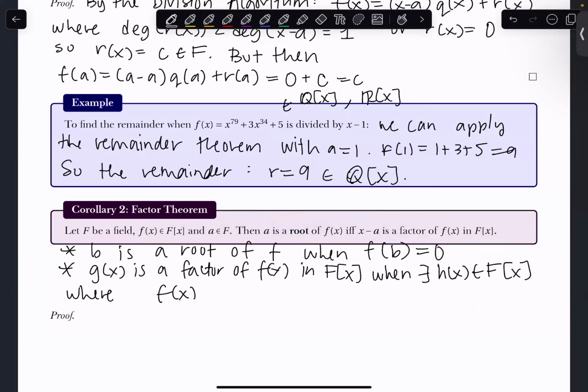So here, f of x equals g of x times h of x. I really can think here, if I did the division algorithm, I'd have 0 as my remainder.